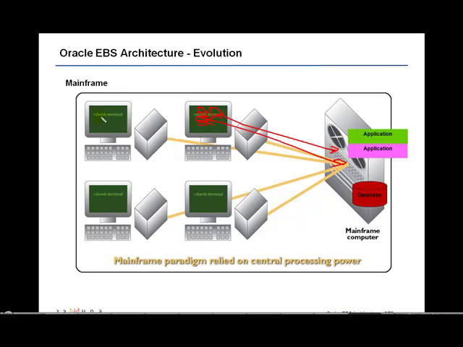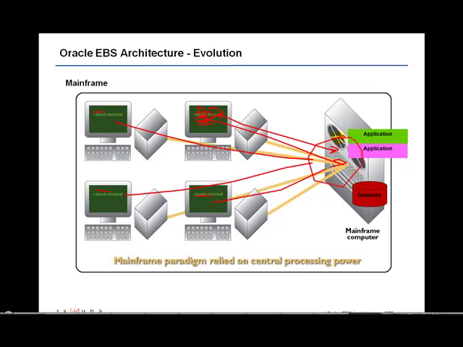Now if we extend that across the organization, and at any point in time there are more than 2 people trying to access the application and making entries, the network traffic increases tremendously, and that puts a lot of load on the network as well as on the application on the mainframe.